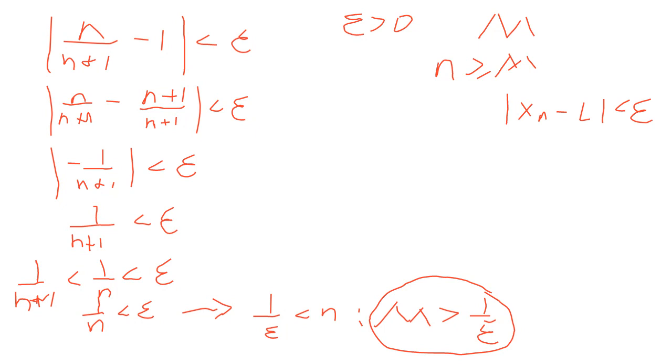I'm reading directly from the definition I gave you. A sequence is said to converge to a number L if for every epsilon greater than 0, that means positive epsilon, there exists an m, this big M right here, such that for every n greater than or equal to m, this is true.